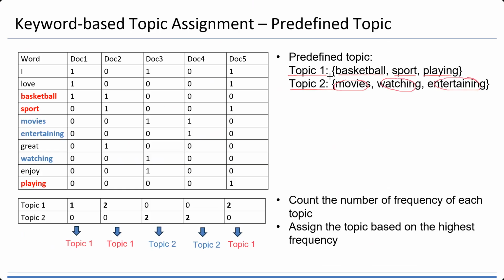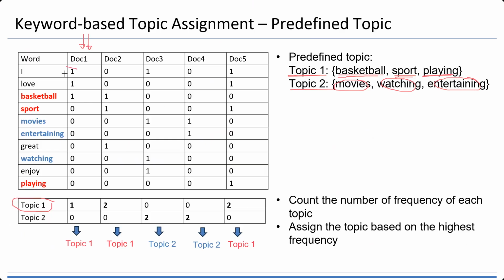So we can assign this by looking at those words in the documents. In document 1, let's look at the words. Topic 1 contains basketball, sport, and play. Now let's look at document 1.